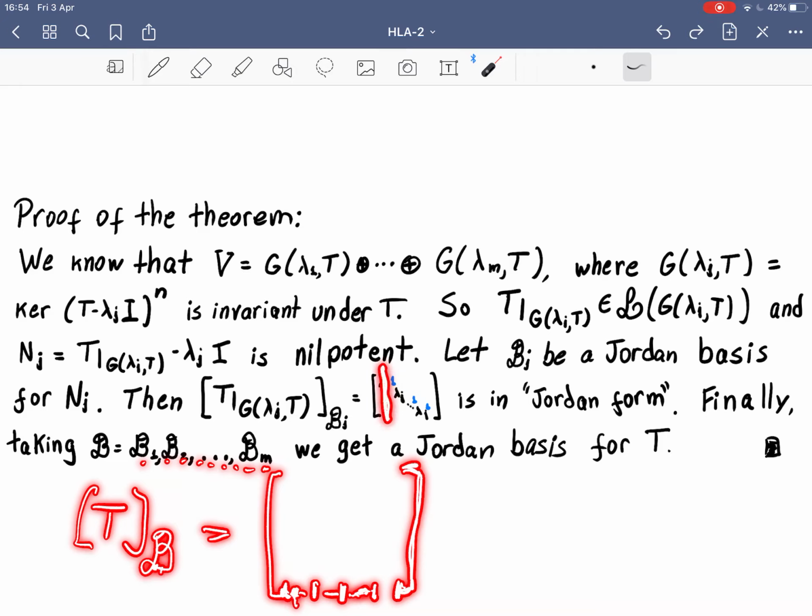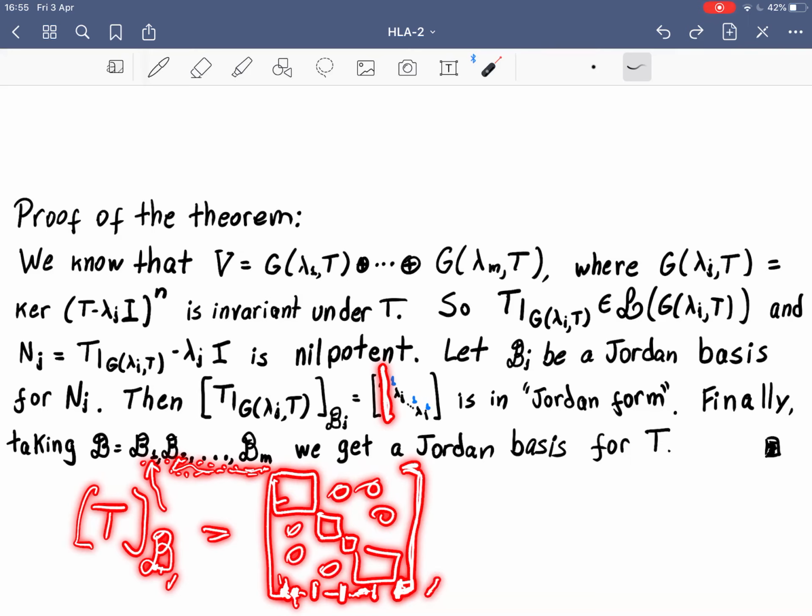Yeah? You don't need vectors of the other block to express it, because that subspace is invariant. Okay? So what is it saying? It's saying you just put these blocks together like this, and 0 outside. And this will be exactly the matrix T on that basis.